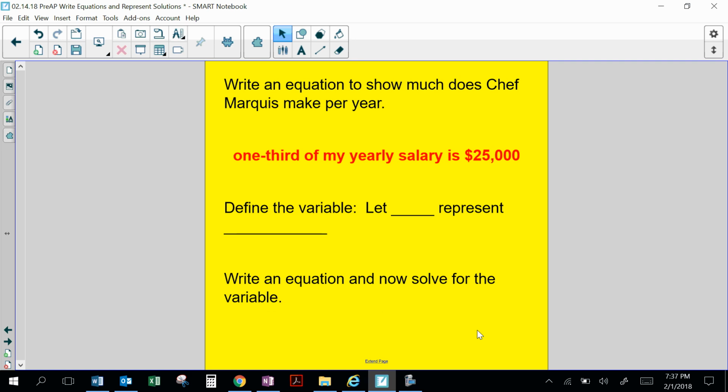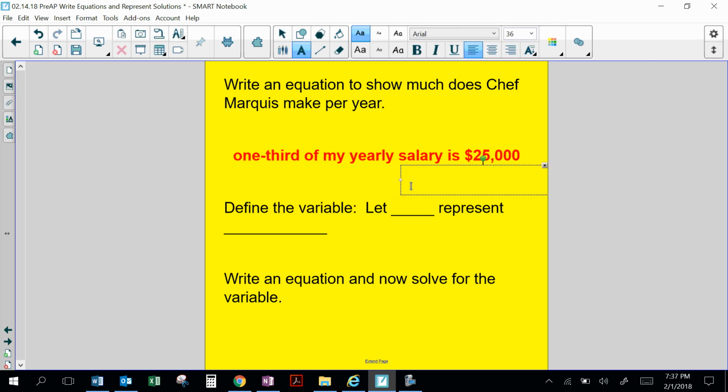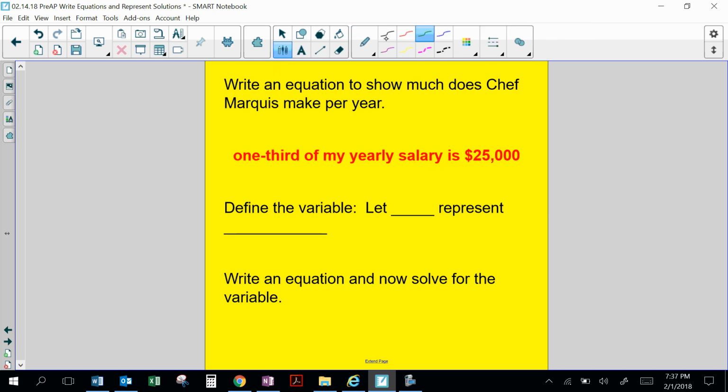So the chef says 1/3 of his yearly salary is 25,000. So what variable do you use? Let's use x. Let x represent yearly salary.